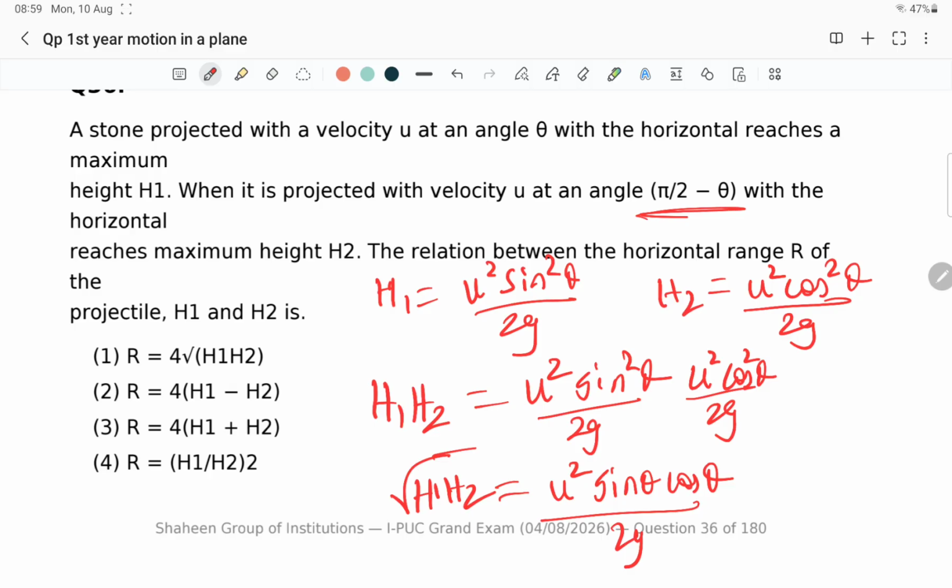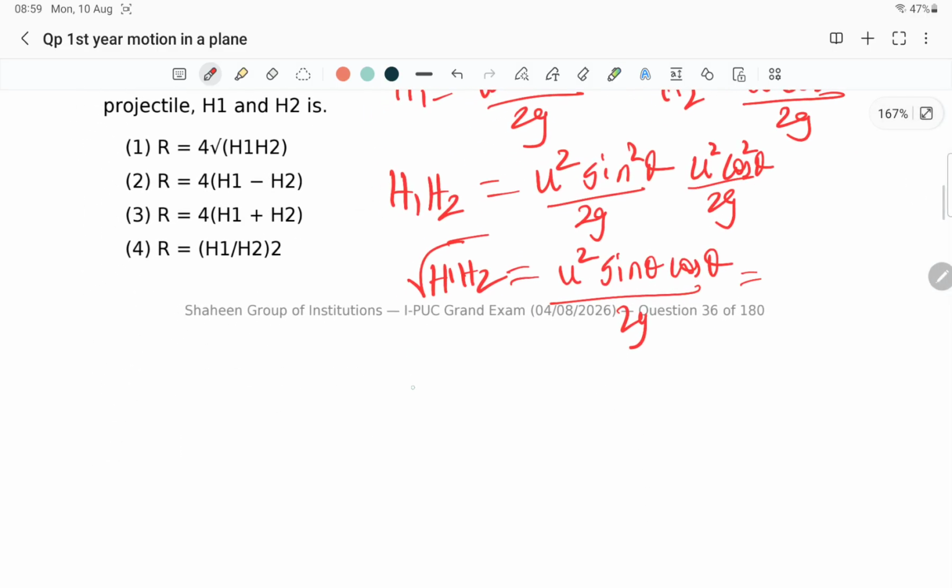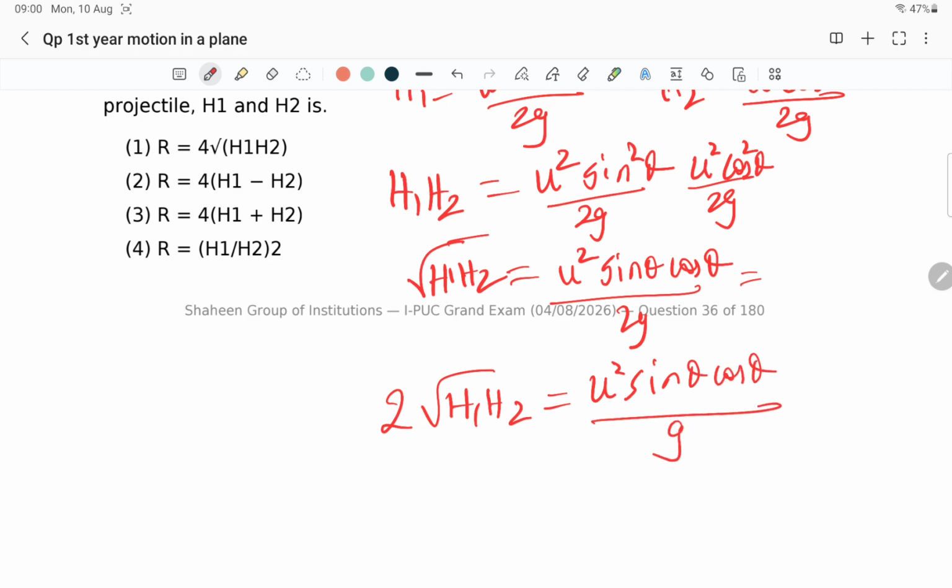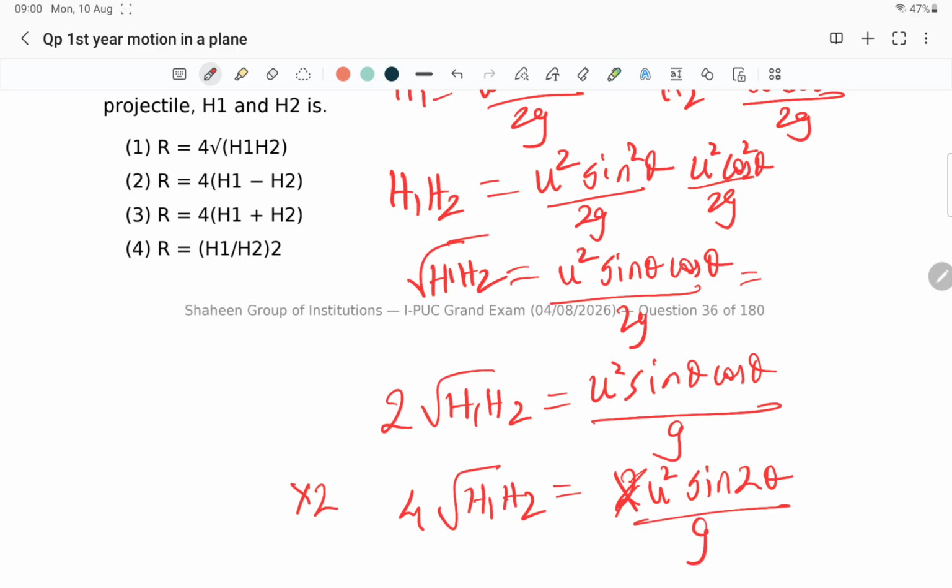So you shift that side, you get, I'm writing downwards, 2 times root h1 h2 is equal to u square sine theta cos theta by g. Okay, multiplied by 2 on both sides, you get 4 root h1 h2 is equal to 2 u square sine theta cos theta, that becomes sine 2 theta by g.